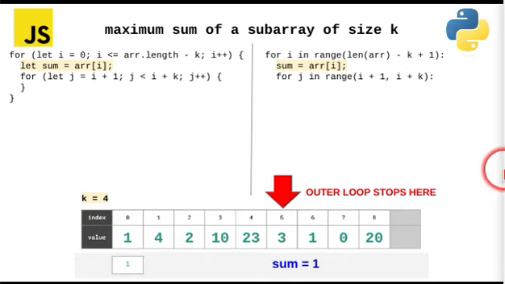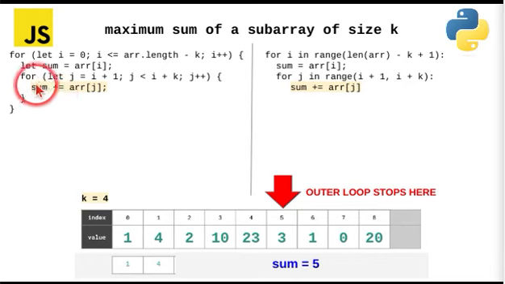So right now our sum is 1. Then we go into our inner loop, and now we simply add to the sum variable in our inner loop so that we add the remaining 3 numbers that our inner loop generates. So in i plus 1, that is 4, so now our sum is 5 because 1 plus 4 is 5.